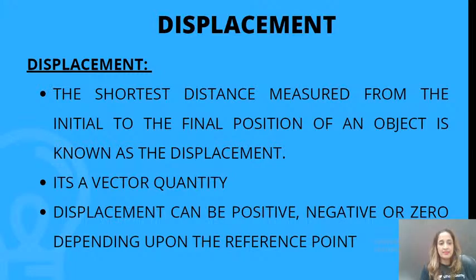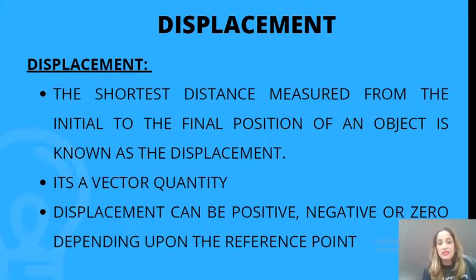All right. Next is displacement. Displacement is the shortest distance measured from the initial to the final position. Let's say you started from your house, you reached school, then from school you went farther away, let's say to the market, and then you came back to school, and then you came back to your house.